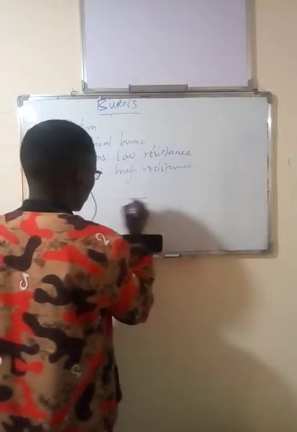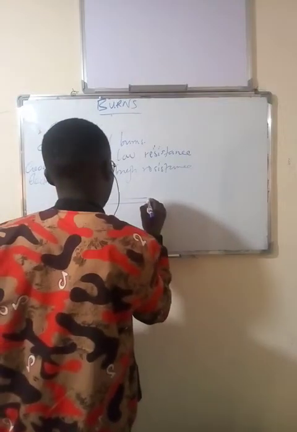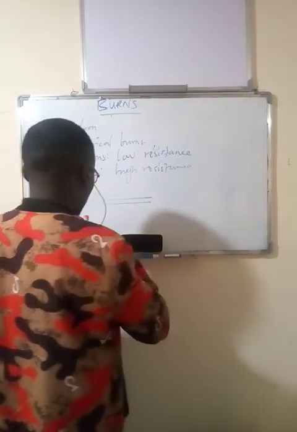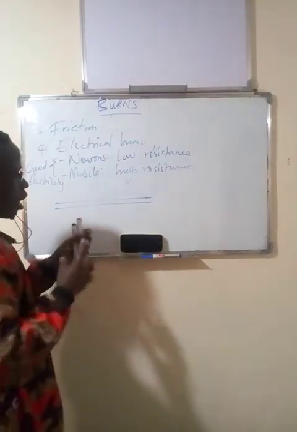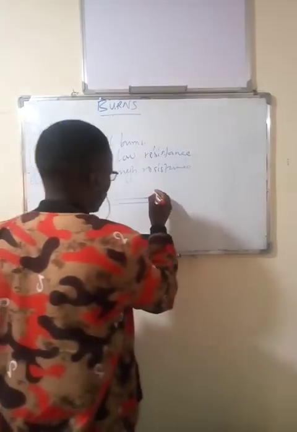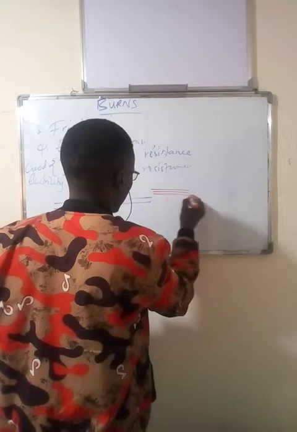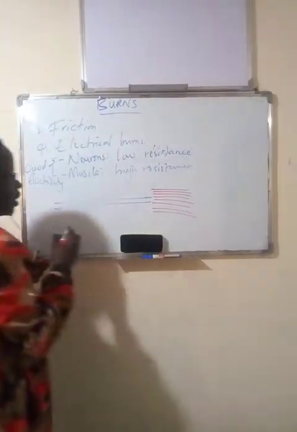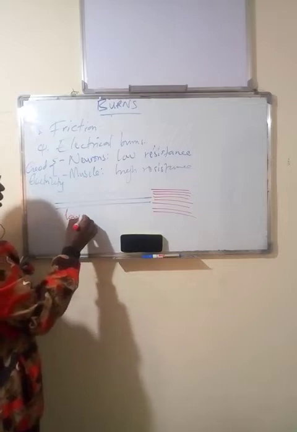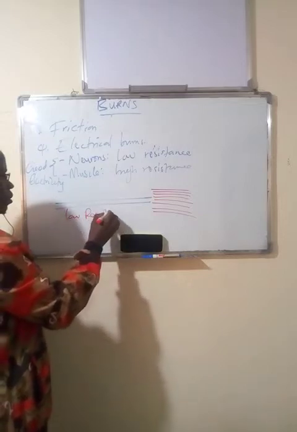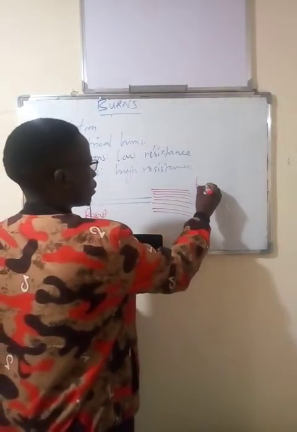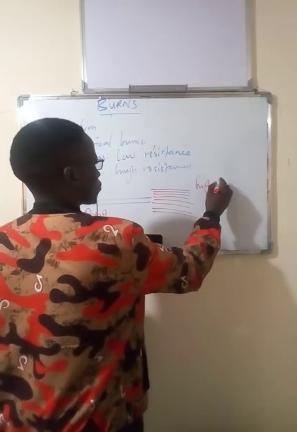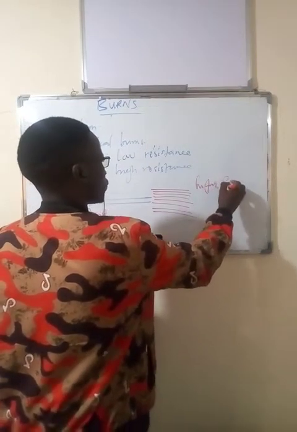Imagine this is a neuron here. Okay, and then at the end we have these muscle fibers as well. So what is happening is that here there is low resistance. Here there is high resistance.